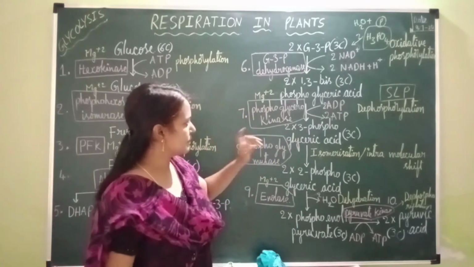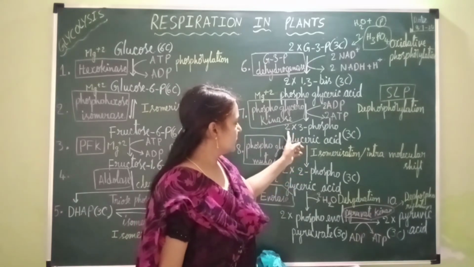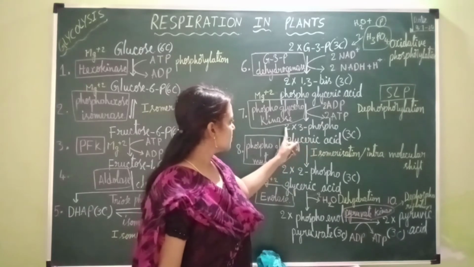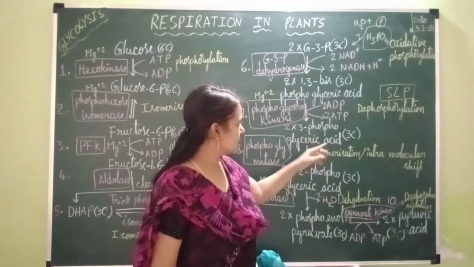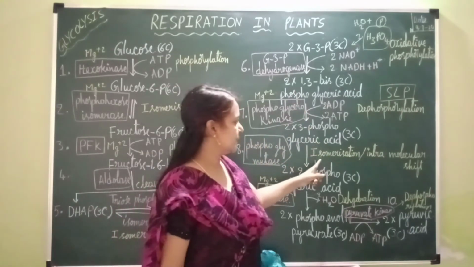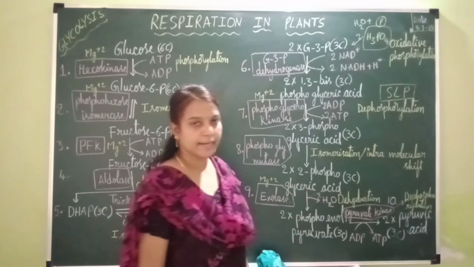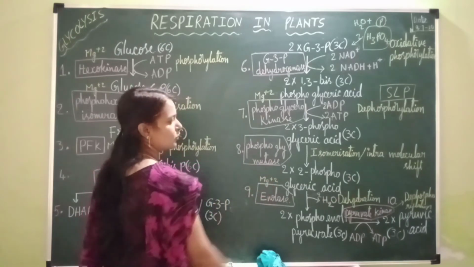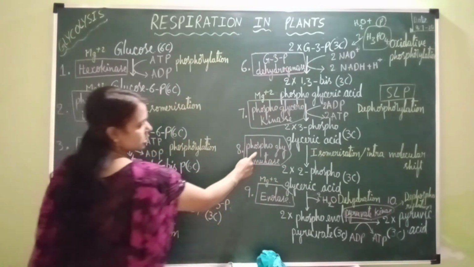So this is 7th step. Now in the 8th step, as there are two molecules, two molecules of ATP are released. Now these two molecules of 3-phosphoglyceric acid undergo isomerization into two molecules of 2-phosphoglyceric acid. This isomerization is catalyzed by phosphoglyceromutase.